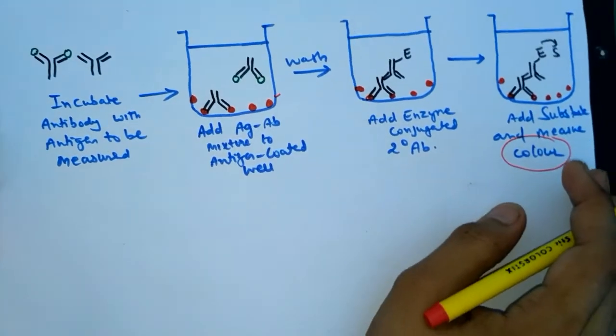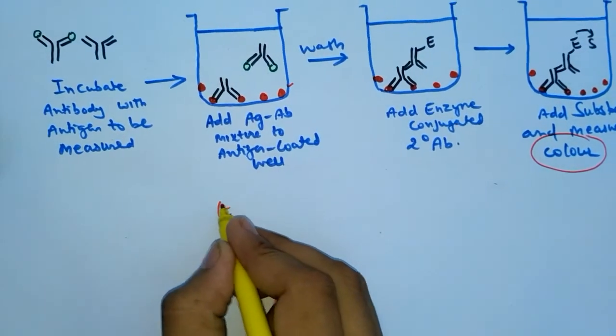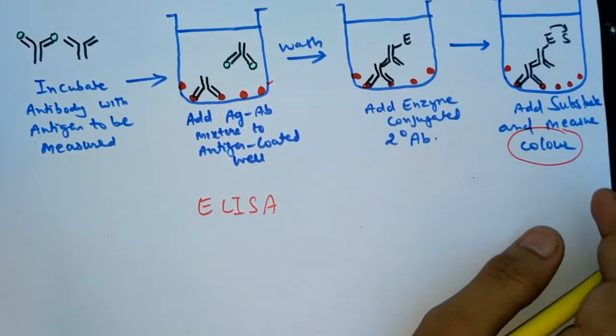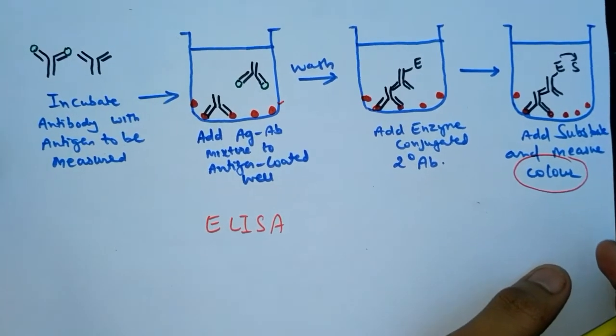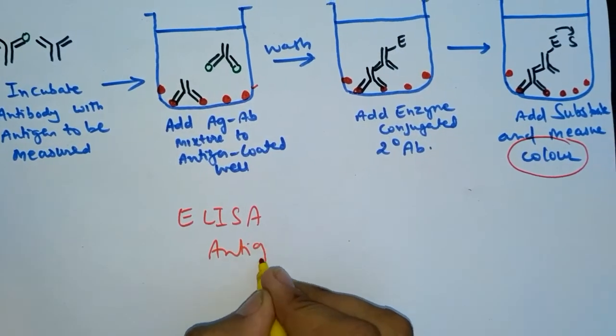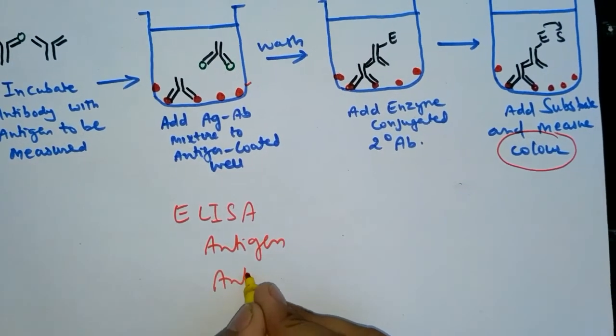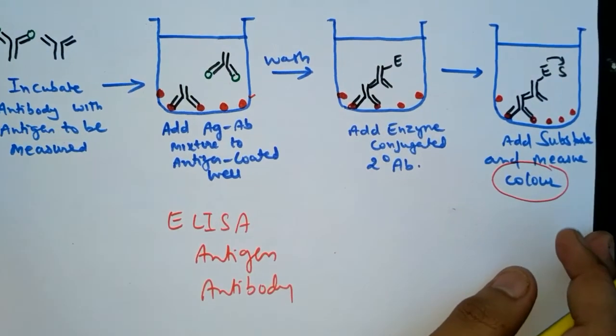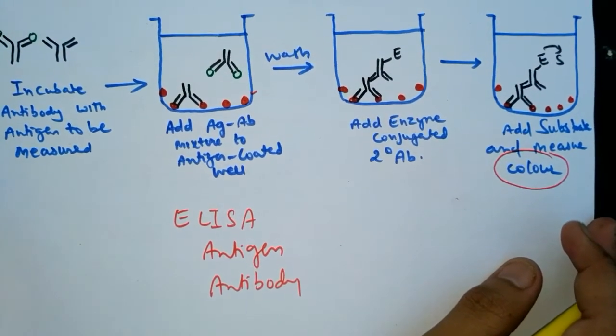So what is the purpose of the ELISA? ELISA is a very cheap and economical technique of detection of antigen and antibody. We can study the level of infection from the initial stages.